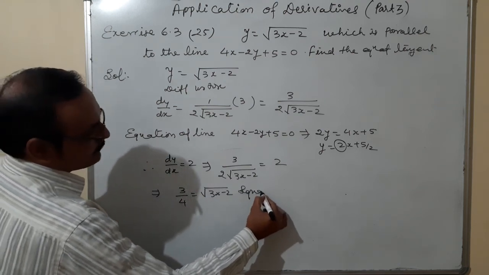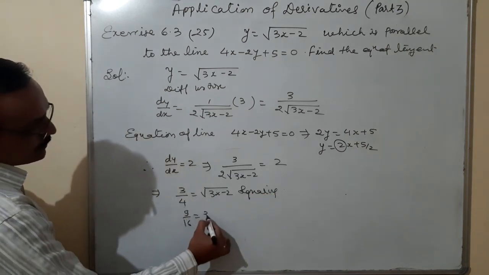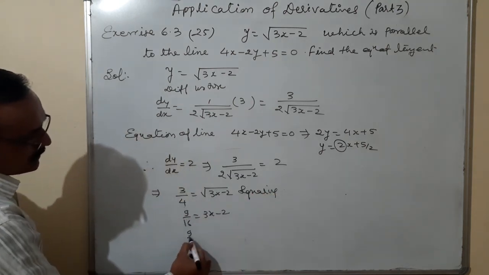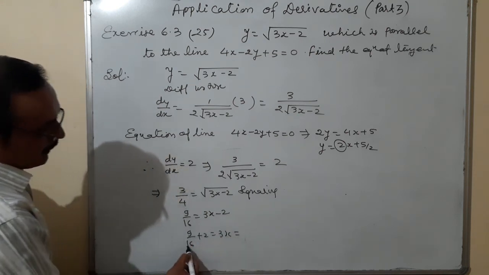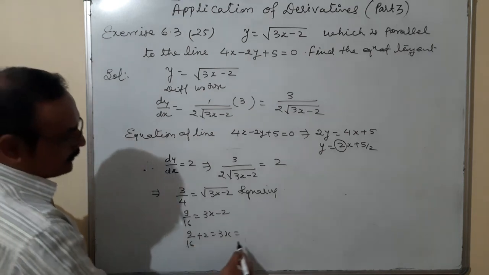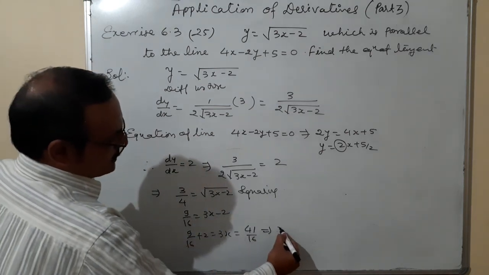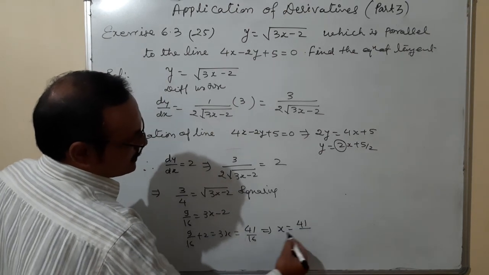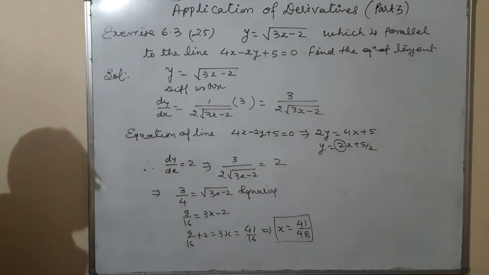Squaring, 9 upon 16 is equal to 3x minus 2. So 9 upon 16 plus 2 is equal to 3x. Therefore 16 twos are 32, 32 plus 9, 41 upon 16. So what does it mean? This means x is equal to 41 upon 16 times 3, that is 48.